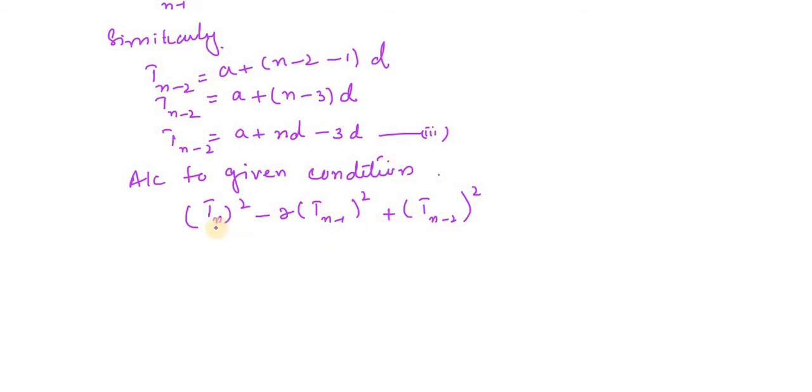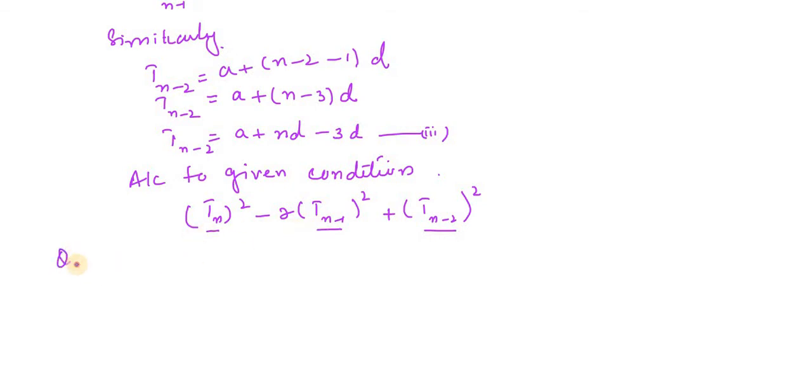So we put the values of the nth term, the (n minus 1)th term and the (n minus 2)th term in this expression, and after simplification we get an expression which is independent of n, in the form of D or A maybe. So we can prove this by yourself easily by putting this expression in this expression.